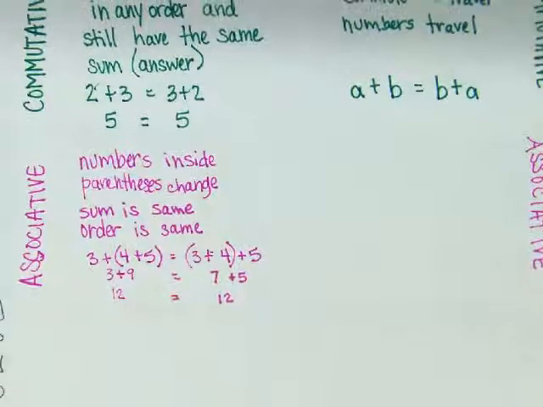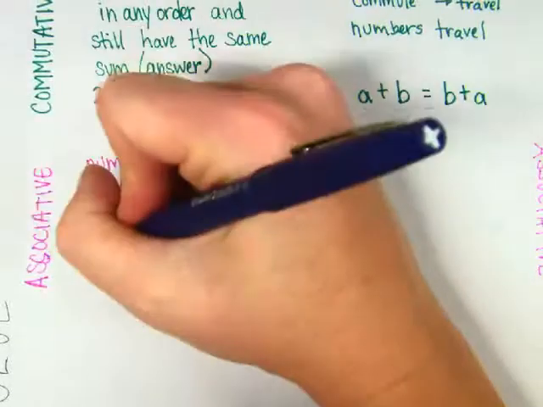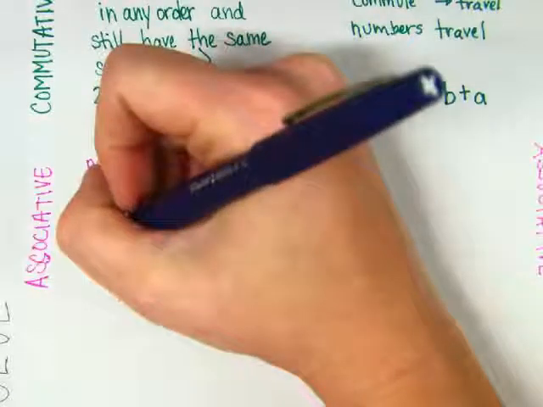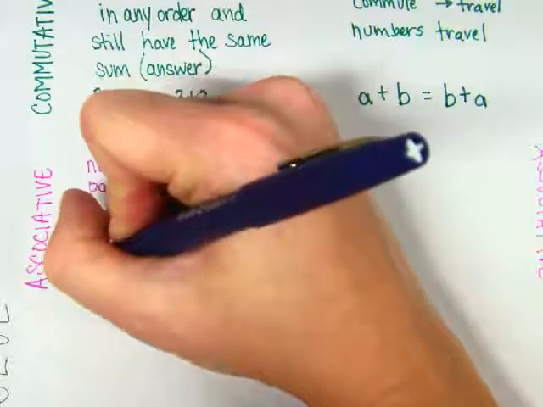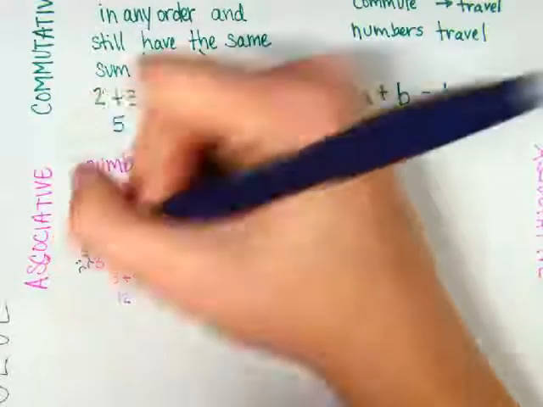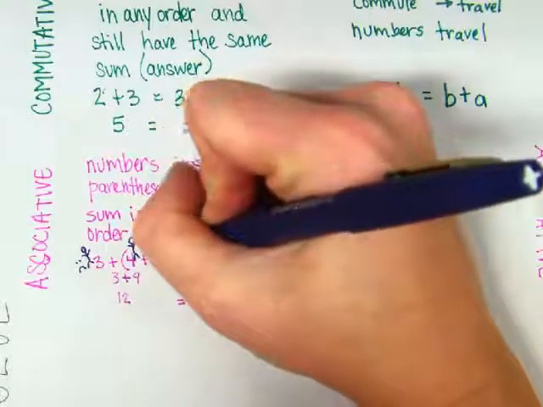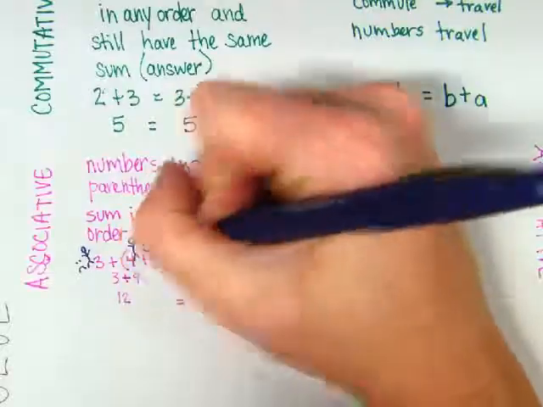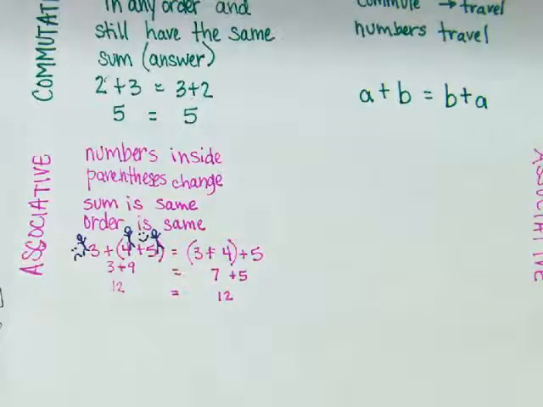Now, the way that I remember this is I think about middle school girls. And middle school girls are kind of famous for this. So if we pretended that these numbers were young ladies, these two young ladies, the 4 and the 5, they're friends.